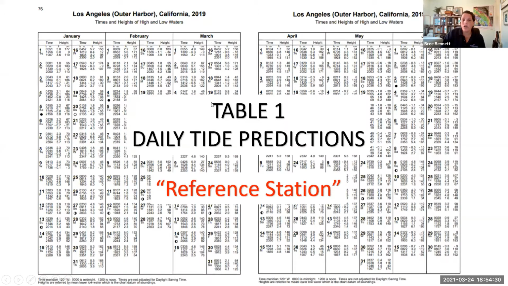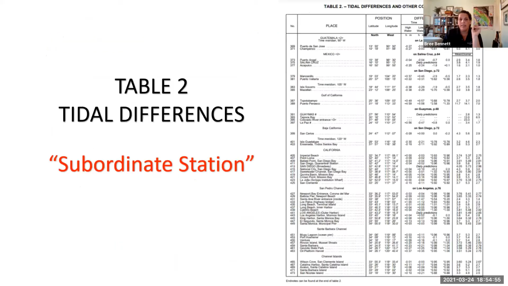So if we want to know what the tide is going to be at a more specific place, then we're going to need a little bit more information. But the daily pages give us, for whatever day of the year, the time and height at our reference stations. And then table 2, we have this long list of subordinate stations.